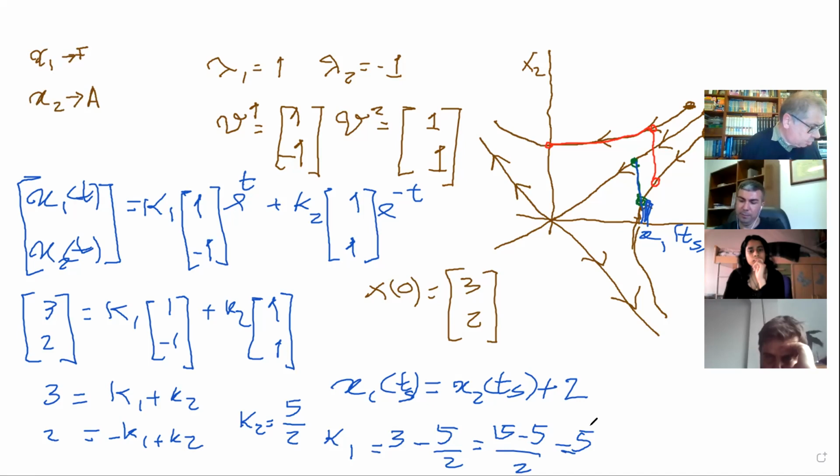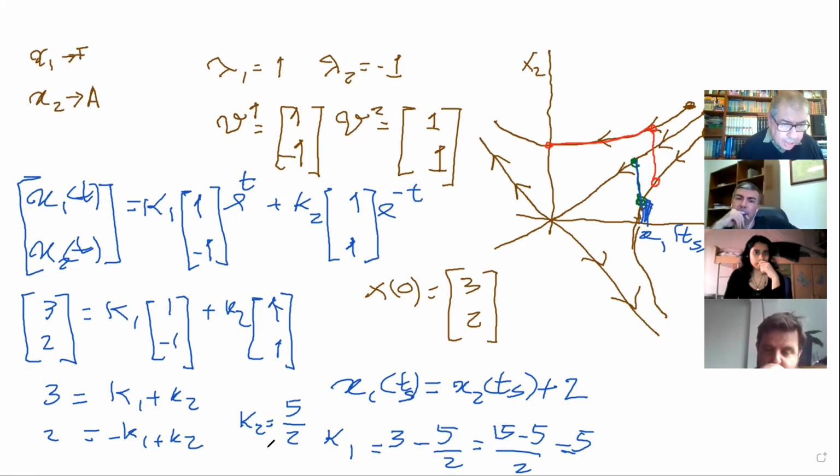Just let me check my notes. It should be 6 divided by 2... So if you add these two, you get 5, and you get 2k2.